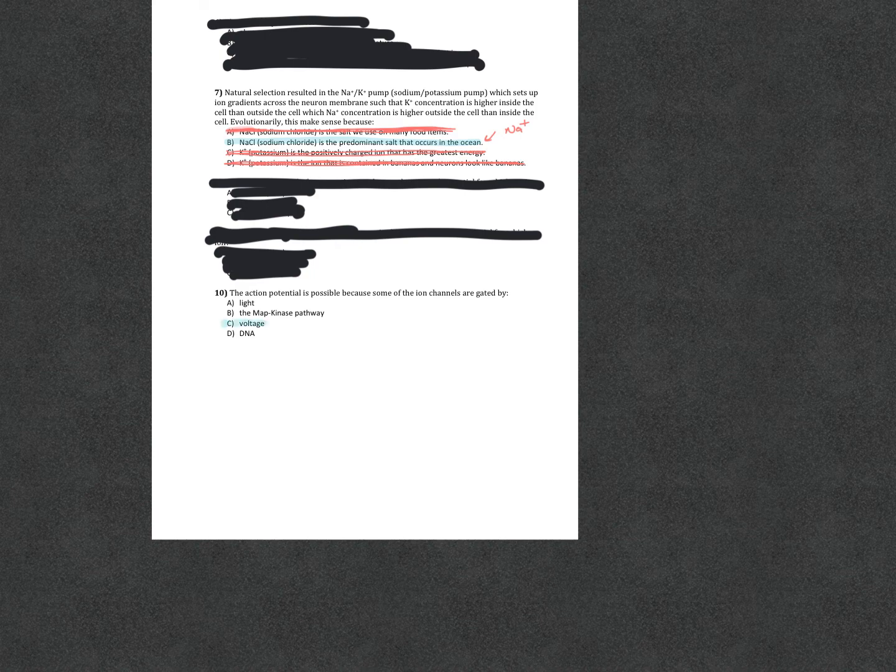The rest of these, you could think of ways to work around making A, B, or D the best answer, but they're really not the best answer, since the best answer is the voltage gated channel, since that's what actually depolarizes the membrane and gives you the action potential. So it's the voltage gated channels that's the answer there. And then that's it. Your test will involve all this, and good luck.